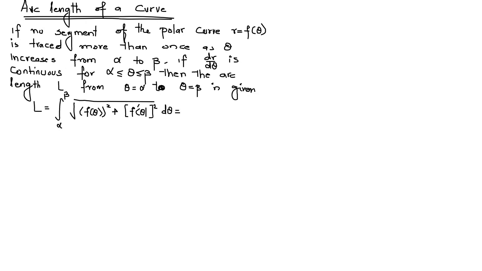You can also write this formula as the integral from alpha to beta of the square root of r square plus dr by d theta whole square d theta. Okay, so this is the formula where you can find the arc length of any polar curve.